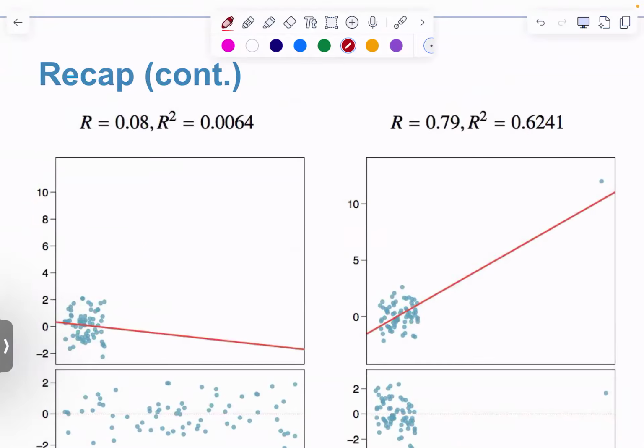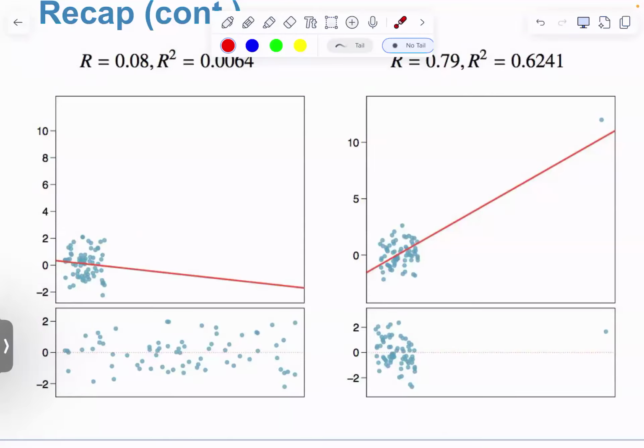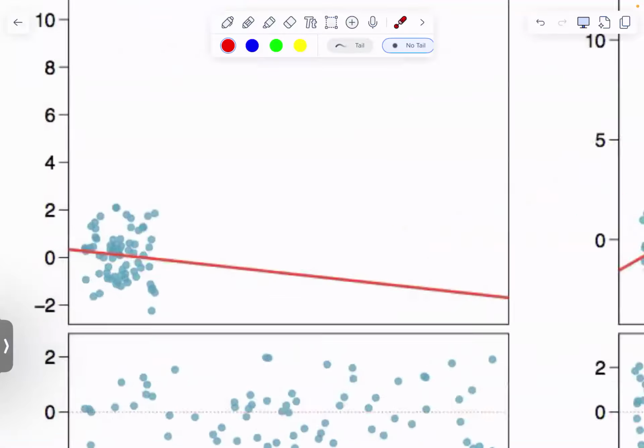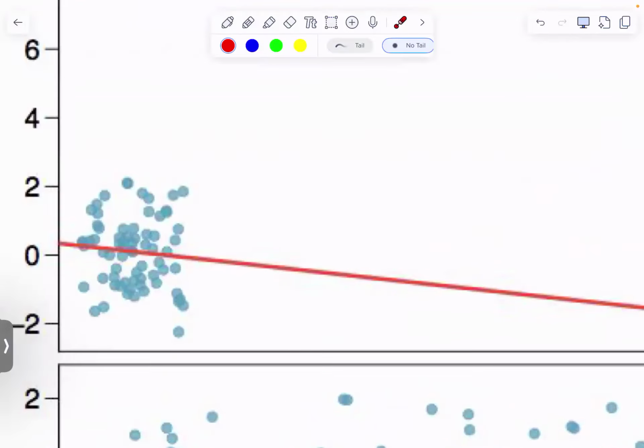So if we have a cluster of data like this, this is just a cloud, right? There's no reason to fit a model to this, because if I put in a low value of X, then I could get any one of these outputs. And if I put in a high value of X, then I would get the same potential outputs.